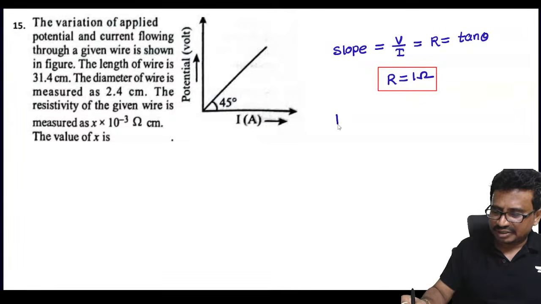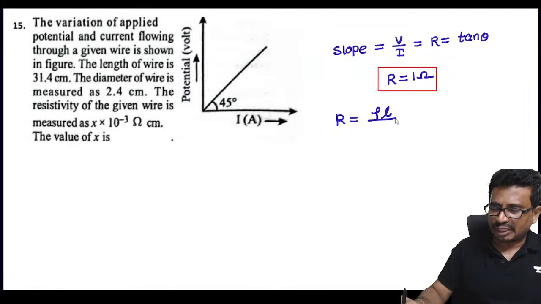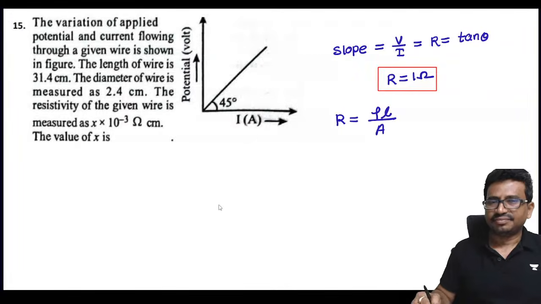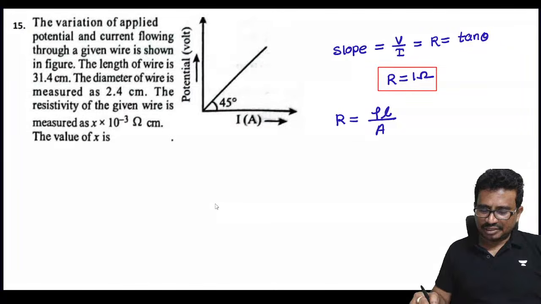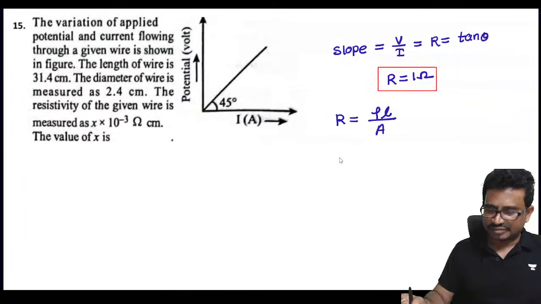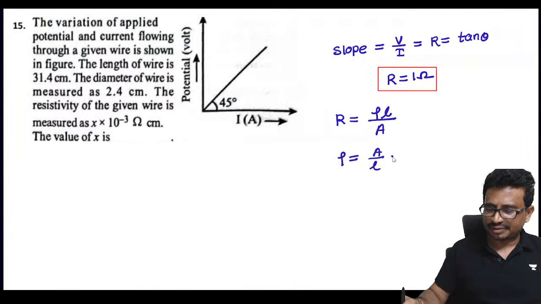The resistance formula is R equals rho L by A. Resistance is 1, we need to get the rho value. Rho is equal to R A by L.